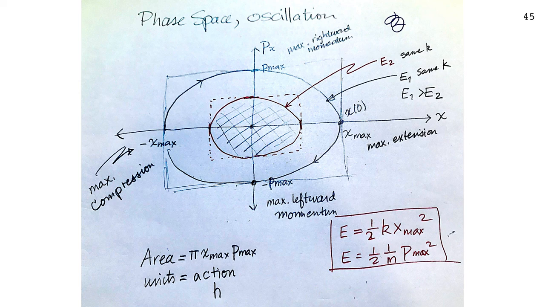Now go ahead and draw in another ellipse, with kind of the same proportions. I'll try to do this in red.